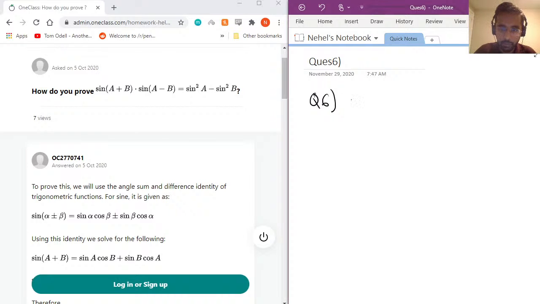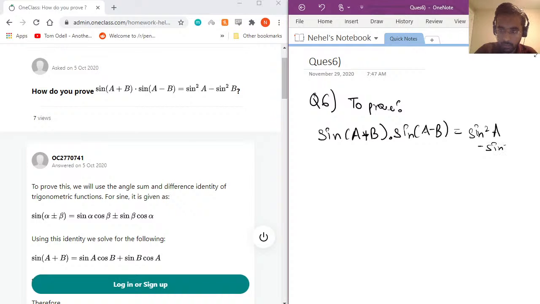So we're given this equation to prove: sine of (a plus b) multiplied by sine of (a minus b) equals sine square a minus sine square b.